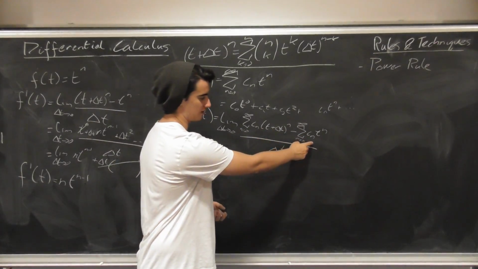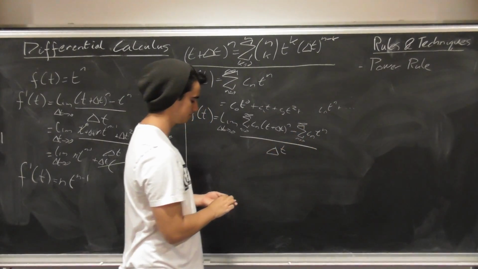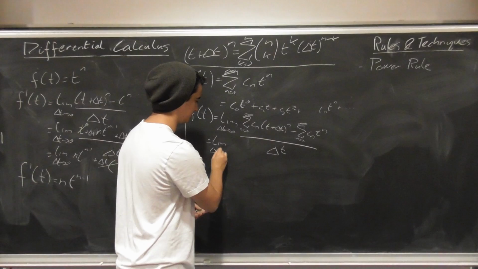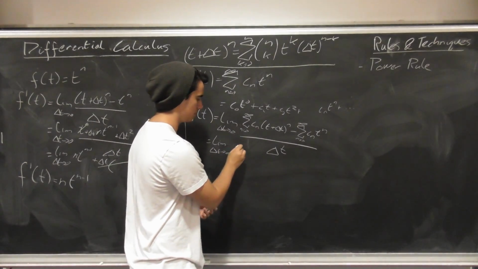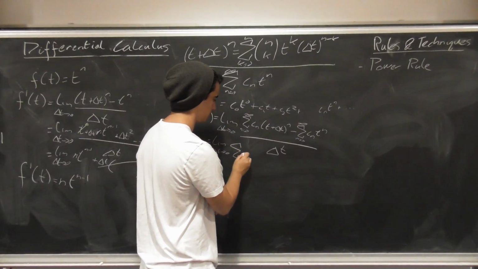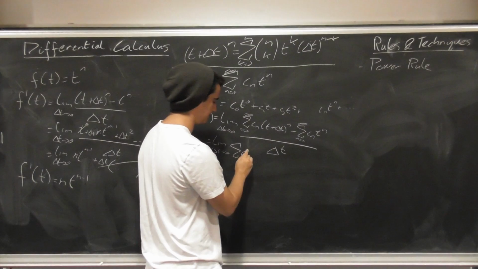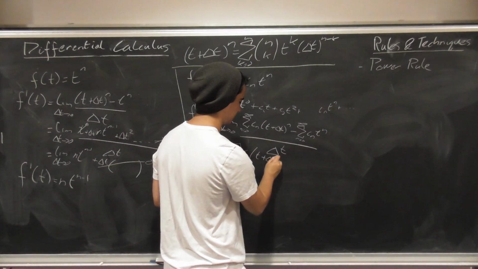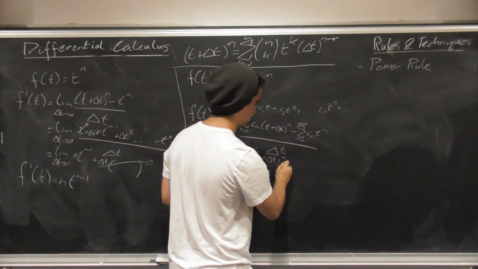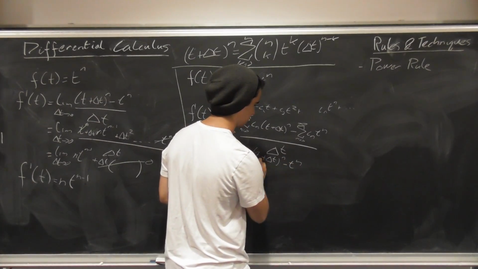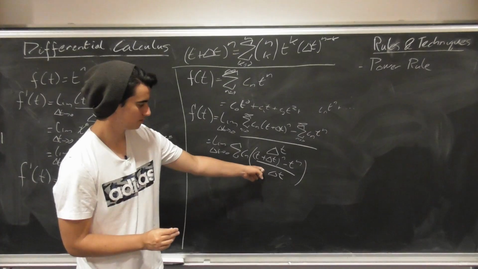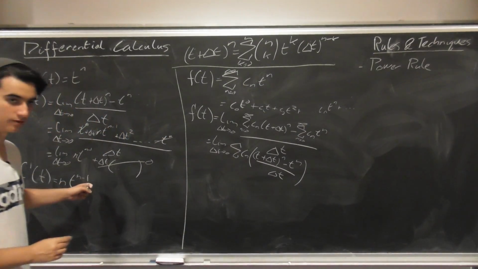And we can also factor out this cn here. So now we have the limit as delta t goes to 0 of the sum of cn times t plus delta t to the n minus t to the n over delta t. Right, and this part is starting to look a lot more like what we had before, right?